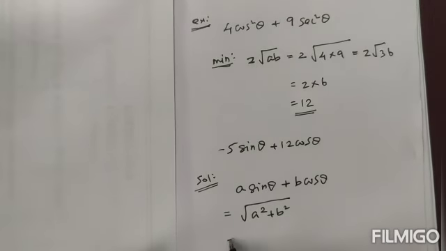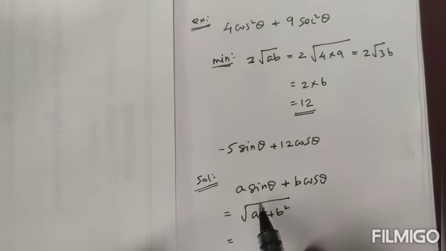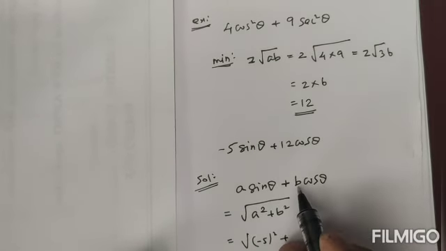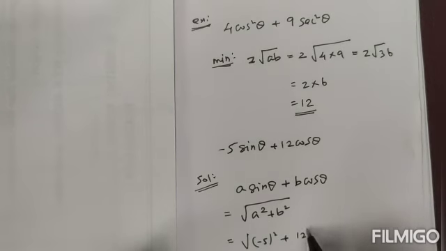So we can write, in the A place minus 5 is there, so minus 5 whole squared, plus in the B place 12 is there, so 12 squared. Then the whole root is there.